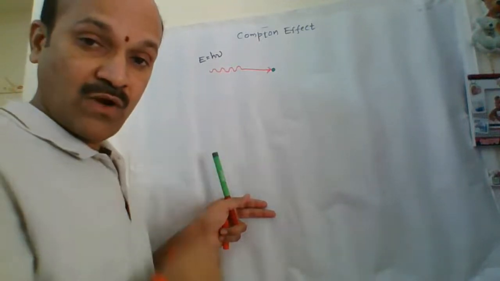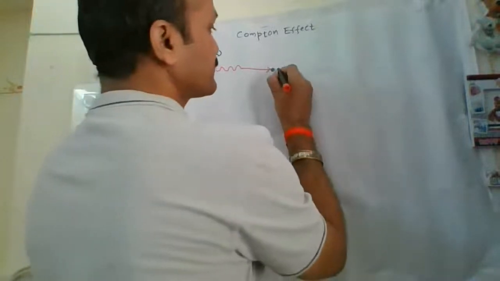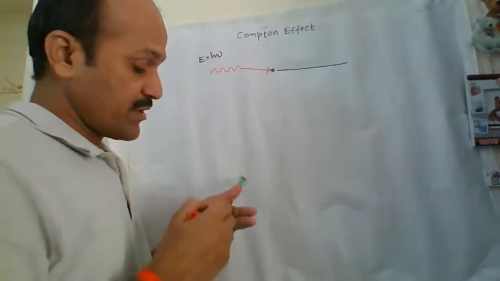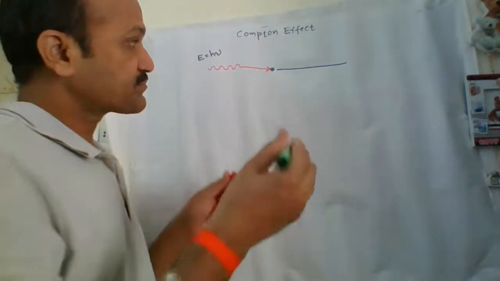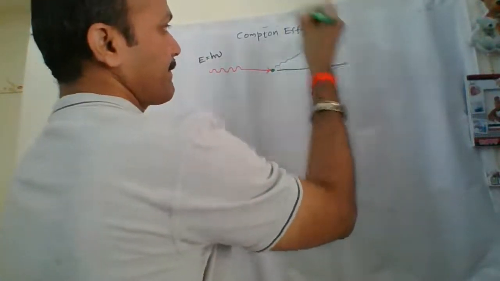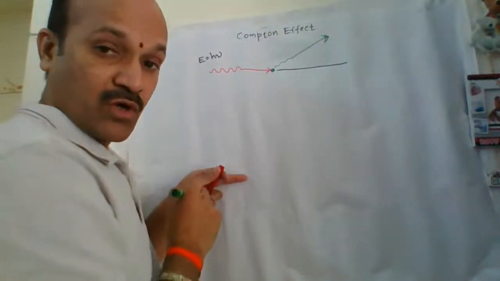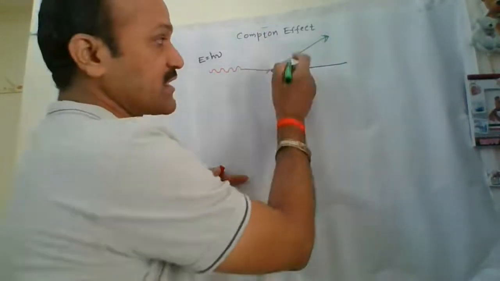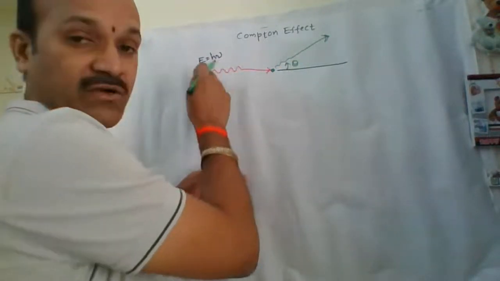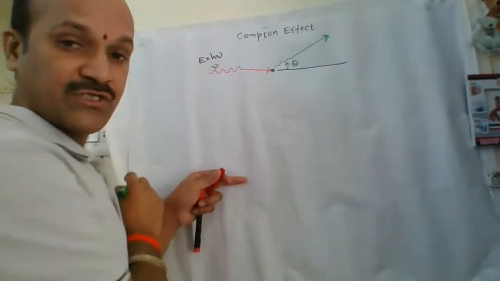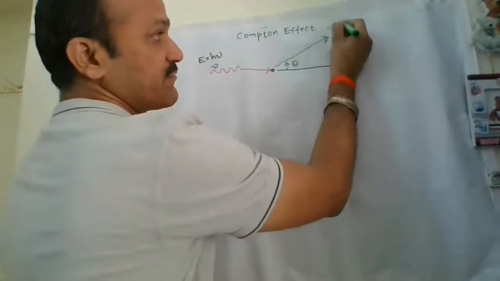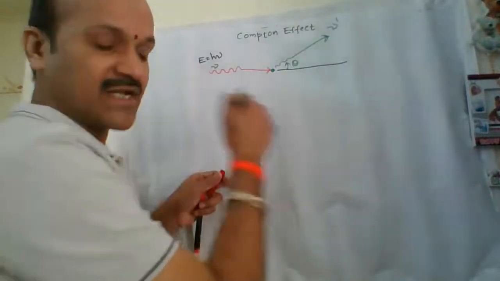When the photon collides with the electron, it gets scattered at angle theta. Its initial frequency is nu. After collision, the frequency becomes nu dash, that is, the energy decreases.